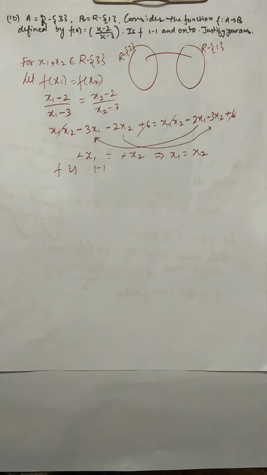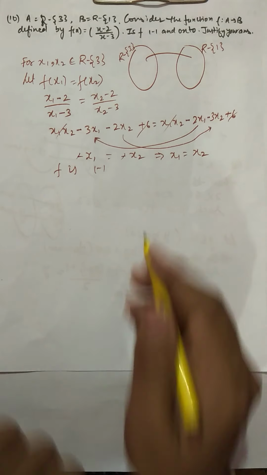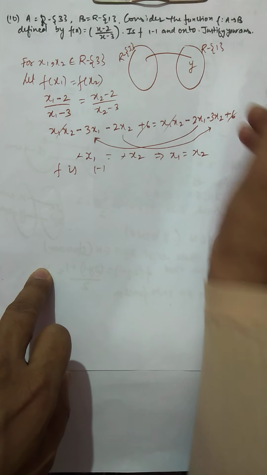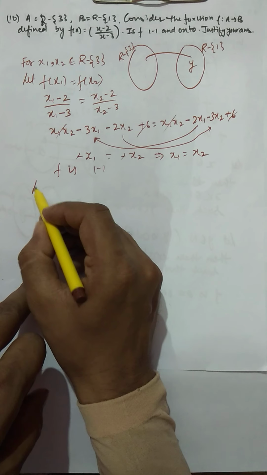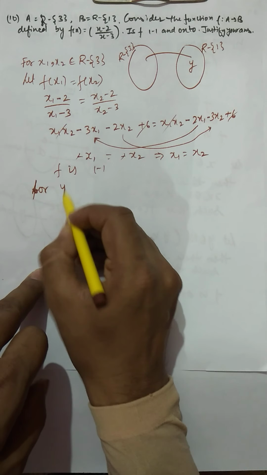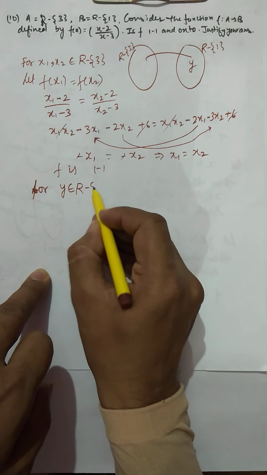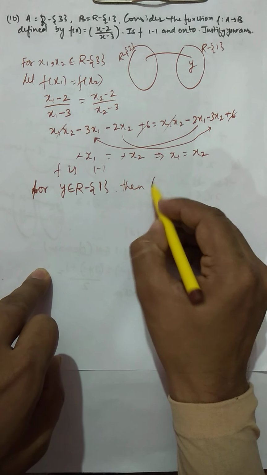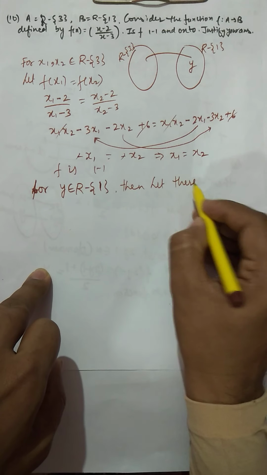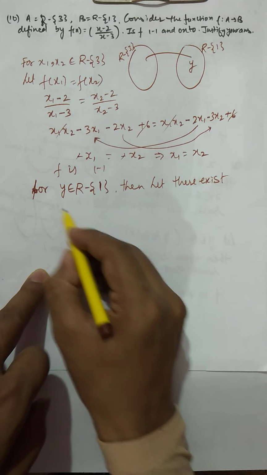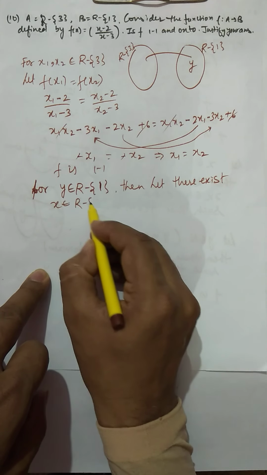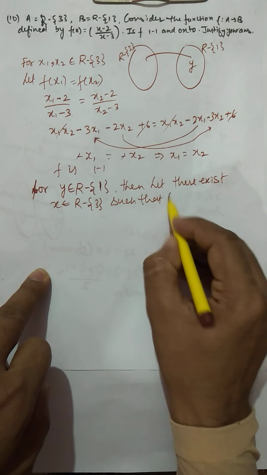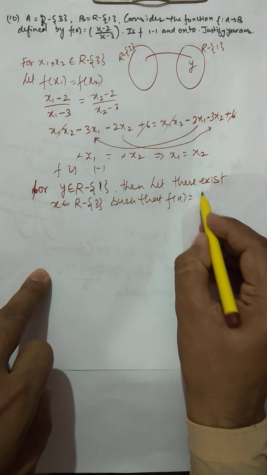Next we have to prove that this is onto function. So we take randomly any element, let y belongs to R minus 1, then let there exist x belongs to R minus 3 such that f(x) is equal to y.